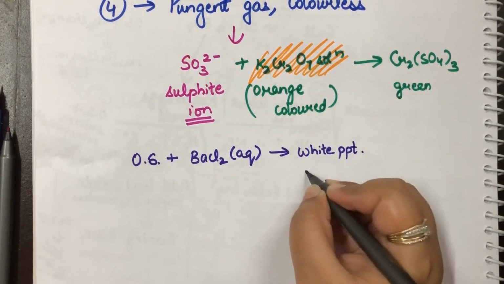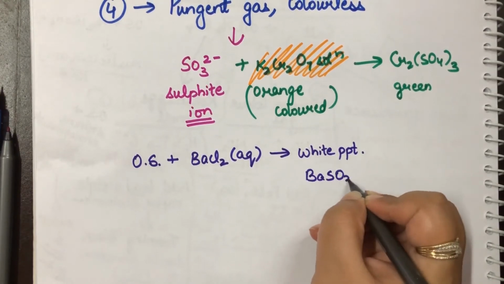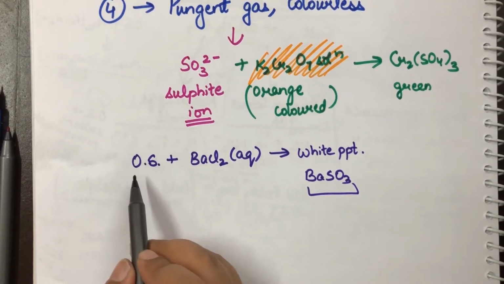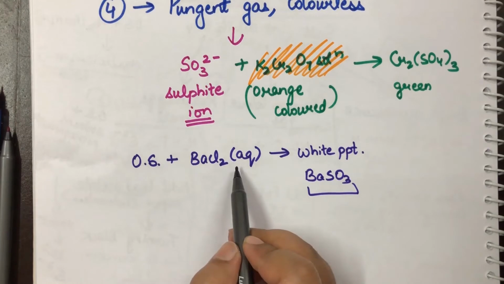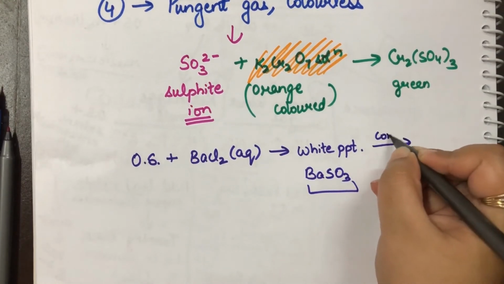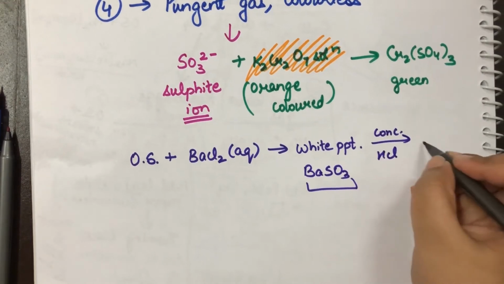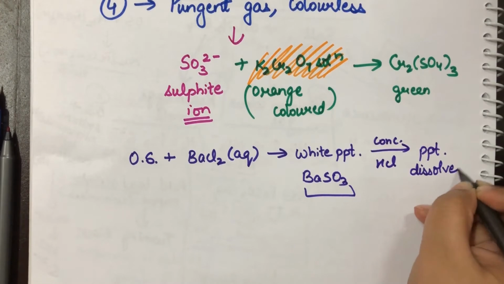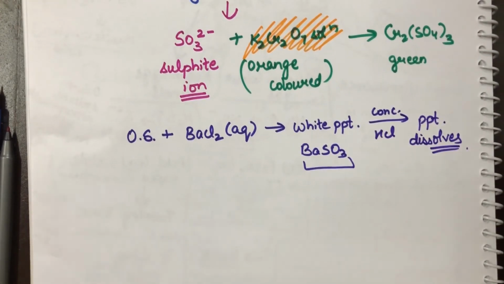This white precipitate is due to the formation of BaSO3. Sulfite was there in your salt. So the sulfite from your salt has attacked the barium, and now it is barium sulfite. And the moment you add concentrated HCl, this precipitate will dissolve. So this is also a confirmatory test for your sulfite ion.